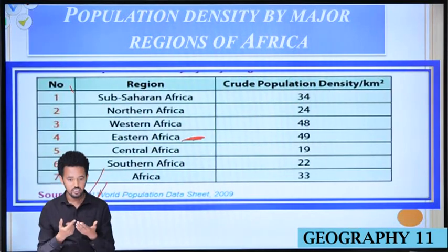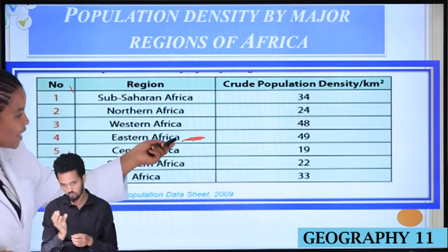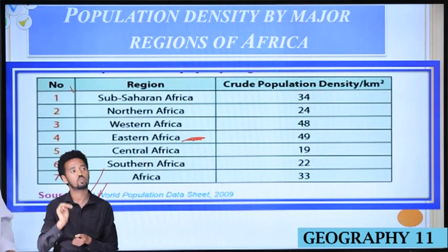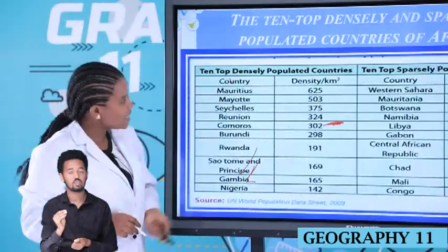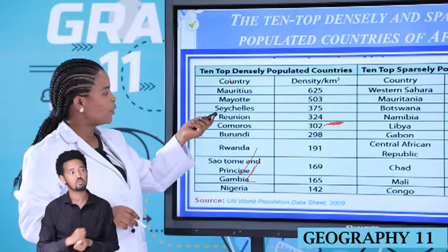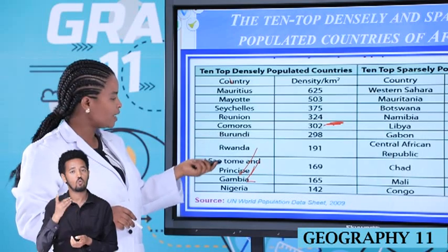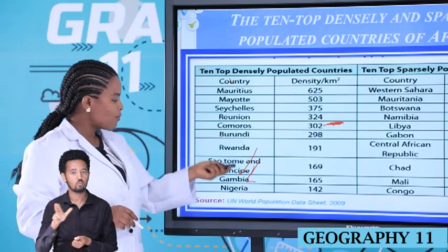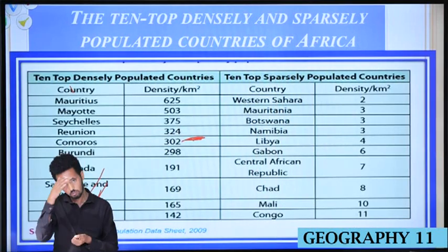The densely populated regions of Africa are Western Africa and Eastern Africa. Densely populated countries of Africa are Mauritius, Mayotte, Seychelles, Reunion, Comoros, Burundi, Rwanda, Sao Tome and Principe, Gambia, and Nigeria.